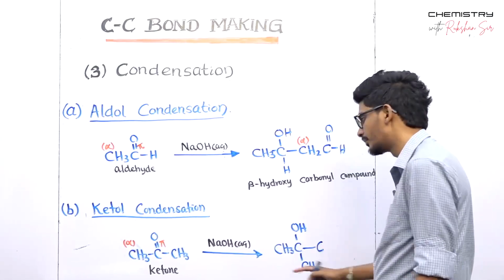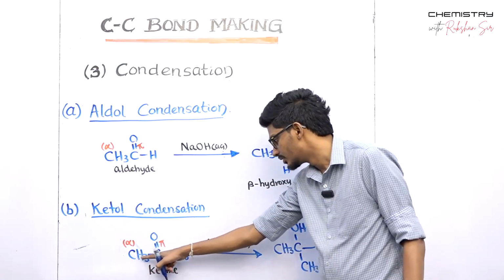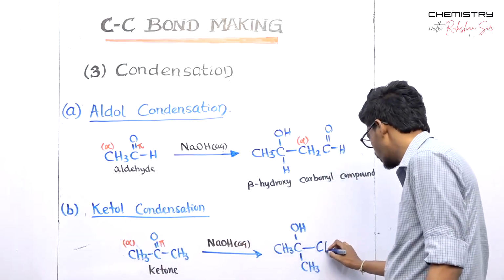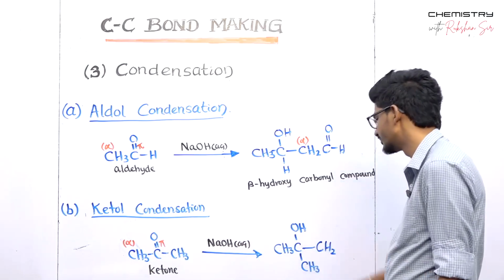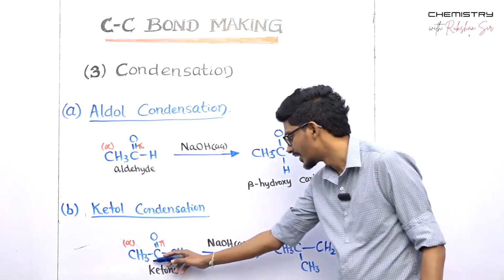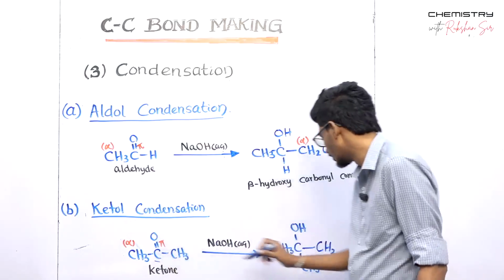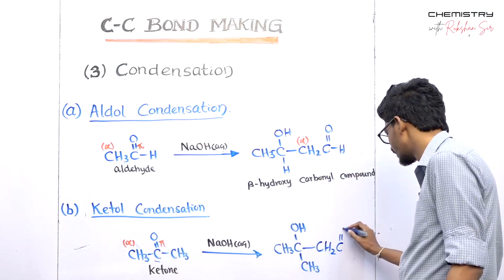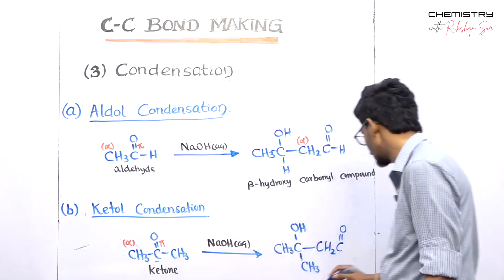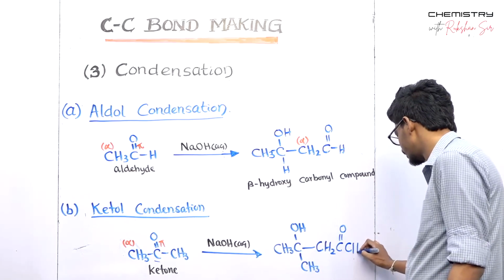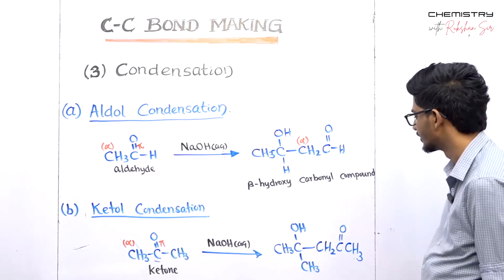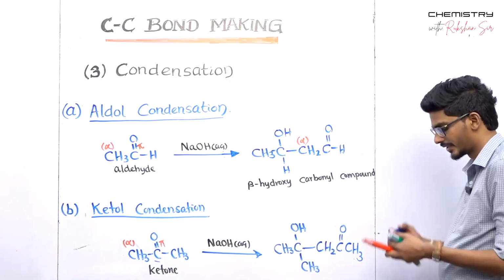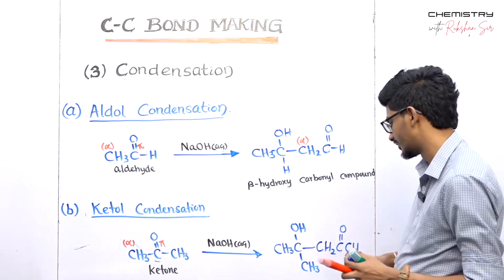That carbon has 2 hydrogens, as you have removed one of the hydrogens to here, and the rest you have C double bond O and some CH3. See, that is how the product looks.